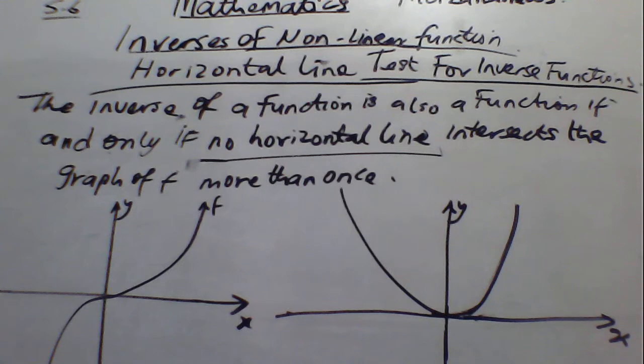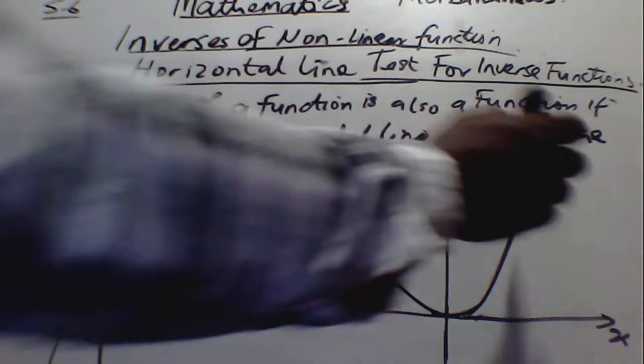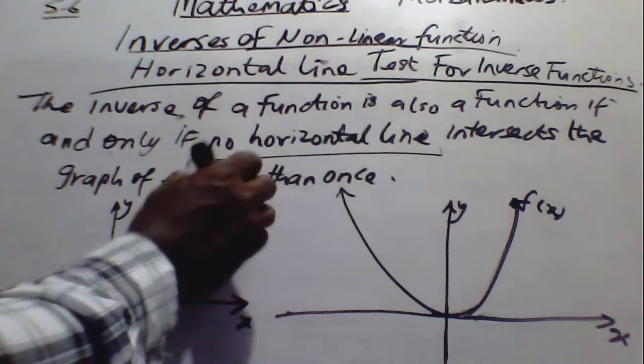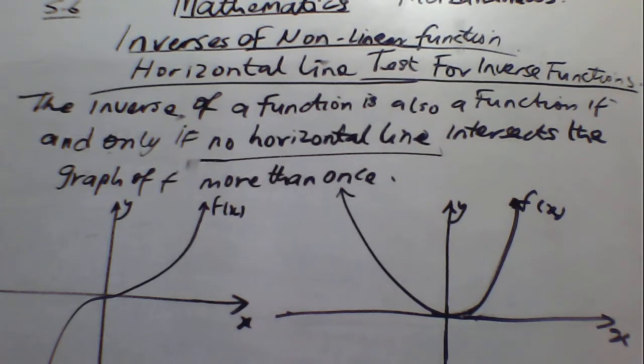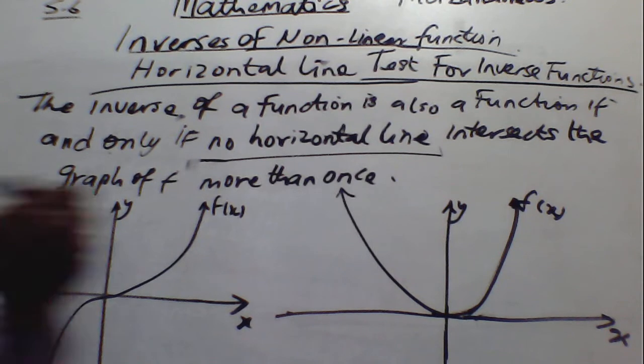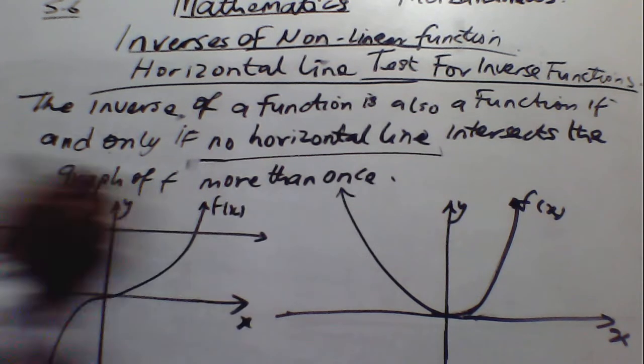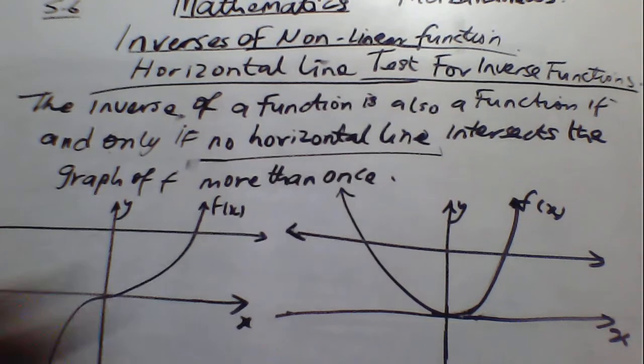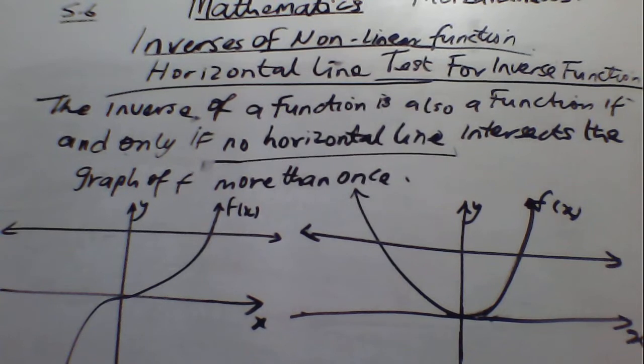Looking at these two function graphs, this is f of x, this is another f of x. By using a horizontal line, draw a horizontal line here, and again here. Which of the two graphs of functions has an inverse function?